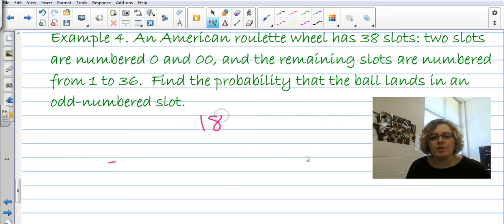Half of the numbers are odd. 1, 3, 5, 7. There's 18. Over the total amount of outcomes, well, how many slots are on a roulette wheel? 38. So 18 is favorable because 18 are odd, and 38 is the total number of outcomes because there's 38 slots. There's 36 that are numbered and 2 that are 0 and 00. So that is 38.